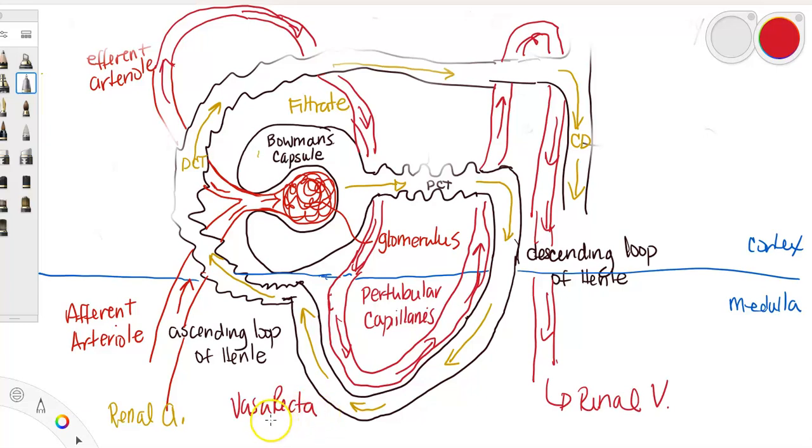So that's a long medullary paratubular capillary bed. Medullary meaning in the medulla.